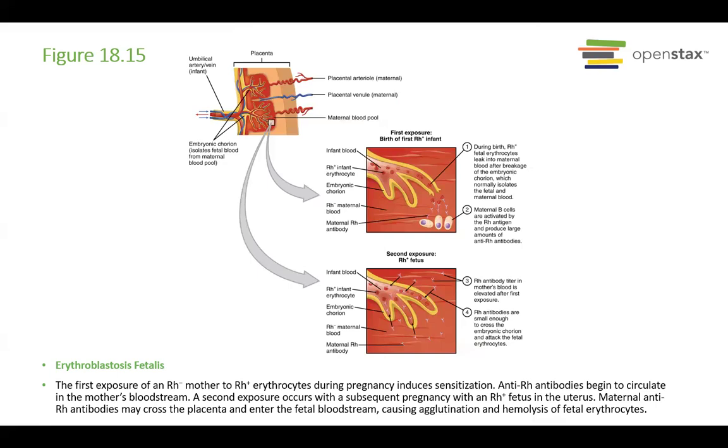So it's not on the first pregnancy. It is the first pregnancy that causes the awareness, the alarm, that the immune system is now making anti-Rh antibodies. The next pregnancy is when the anti-Rh antibodies that have already been preformed from the first pregnancy are now ready to destroy red blood cells of the baby.